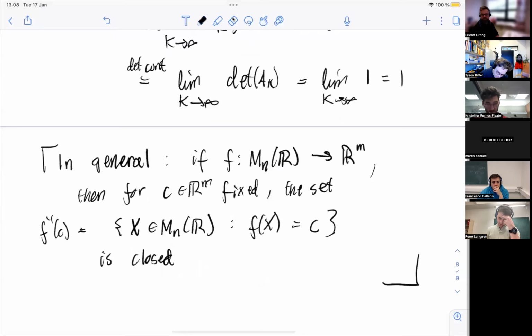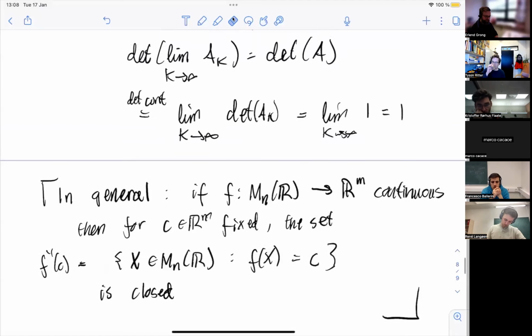All level sets are closed, and we need f to be continuous. So all level sets of continuous functions are closed.